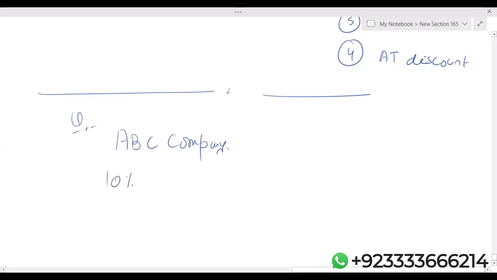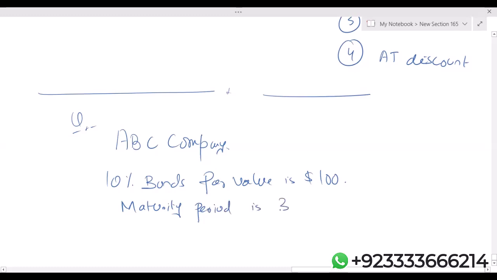They're having 10% bonds. Let's say the par value is $100. Assuming the maturity period is 3 years. Okay.